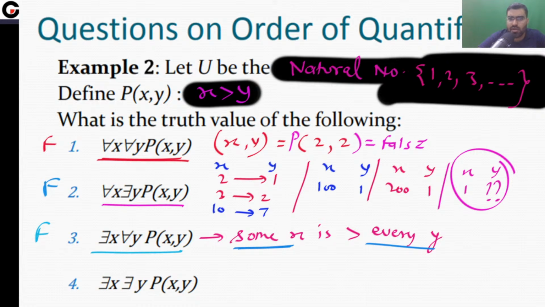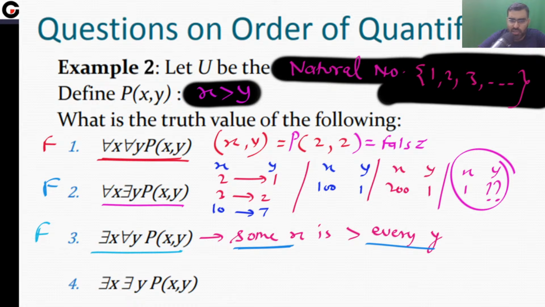Infinity is not a real number. Infinity is not a complex number. Infinity is an idea. Infinity is not a number. So x cannot be infinite, because the domain of x is the natural numbers and infinity is not a natural number.